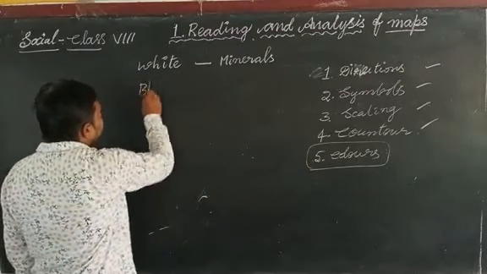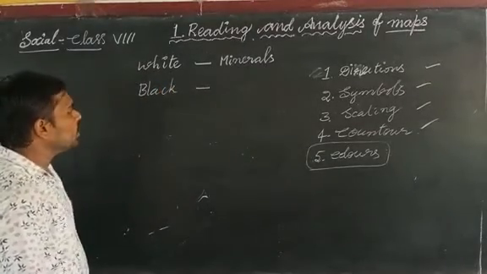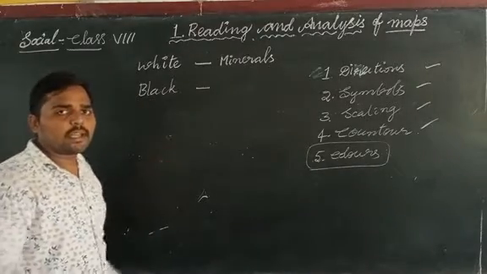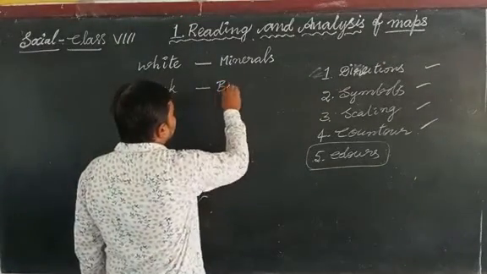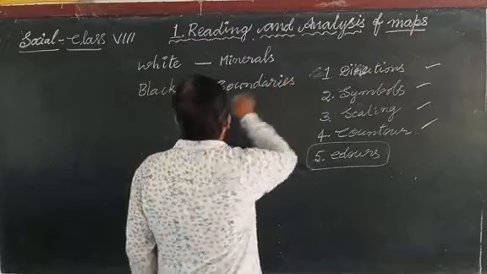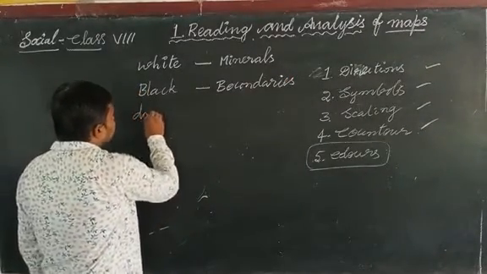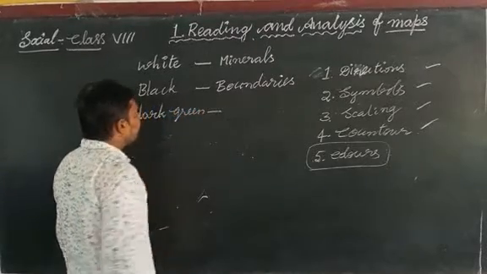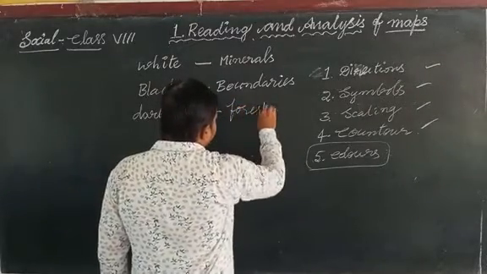And black: we can observe the black color in the thematic maps at the boundaries of the map. Now coming to dark green, immediately you can say dark green color represents forests.